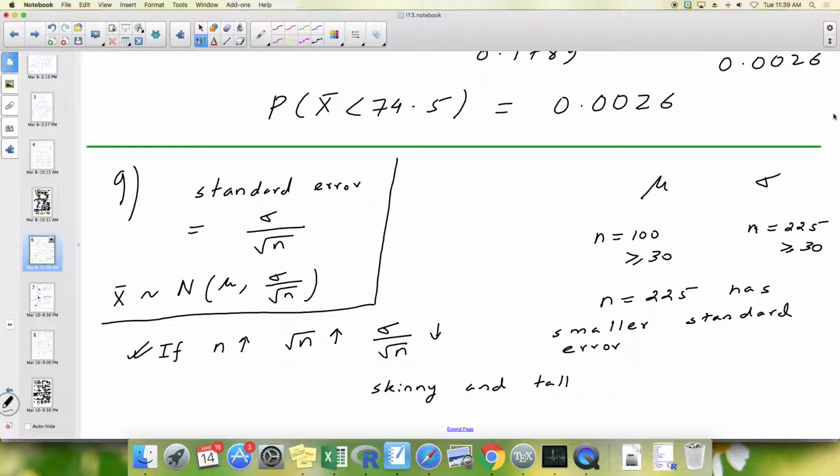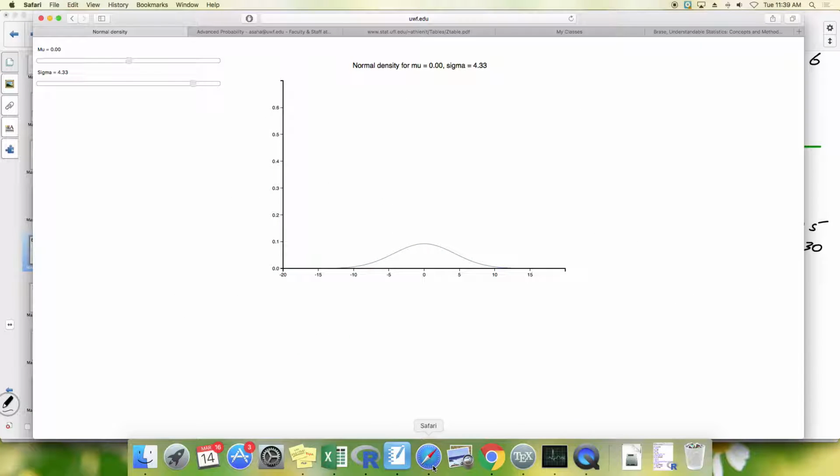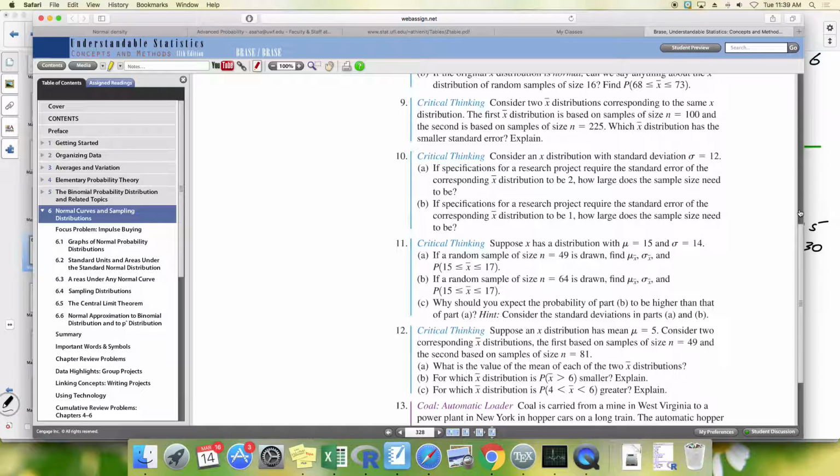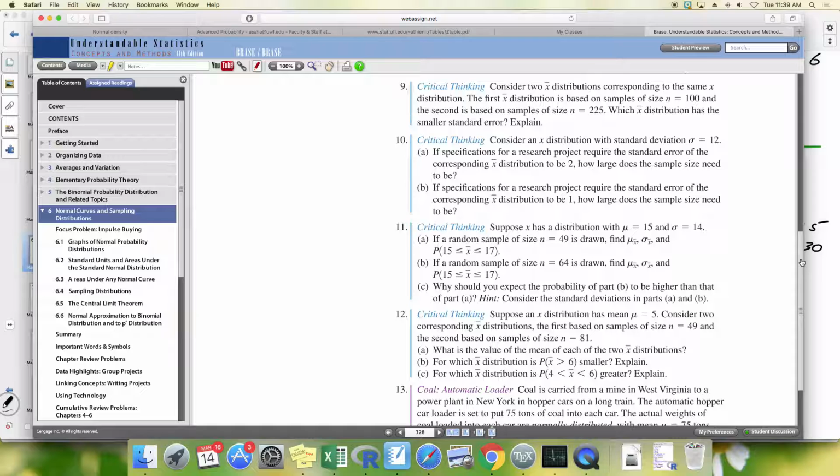Now, look at question 11 or question 12. These are both the same kind of questions, and we shall learn the theory and deal with these questions. So in these problems, it goes like this.